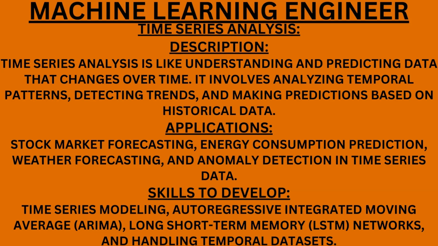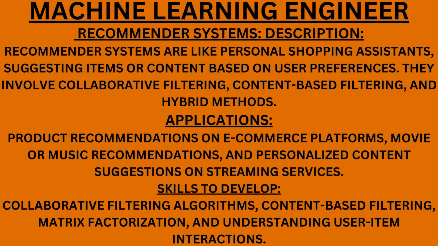Skills to develop: time series modeling, autoregressive integrated moving average, ARIMA, long short term memory, LSTM, networks, and handling temporal datasets. Recommender systems. Description: Recommender systems are like personal shopping assistants, suggesting items or content based on user preferences. They involve collaborative filtering, content-based filtering, and hybrid methods.